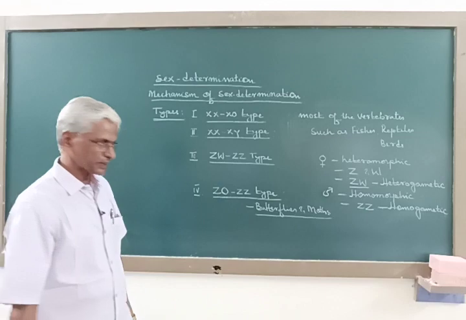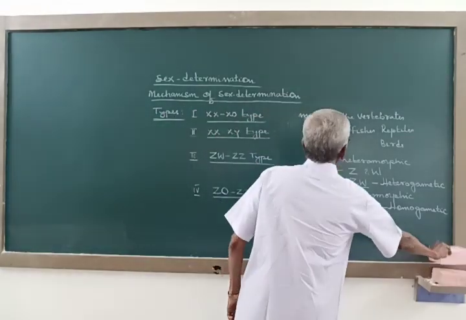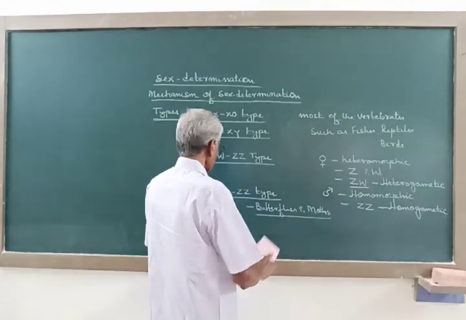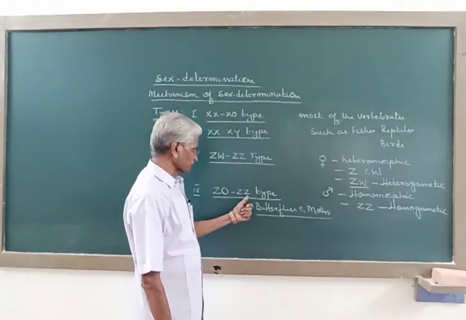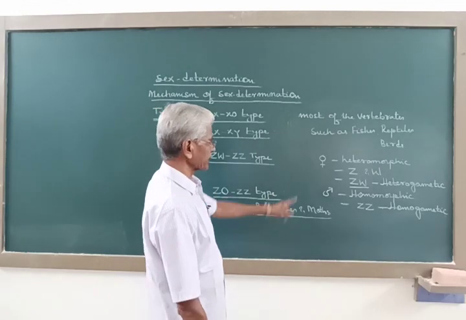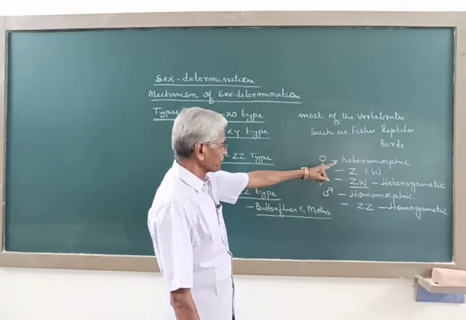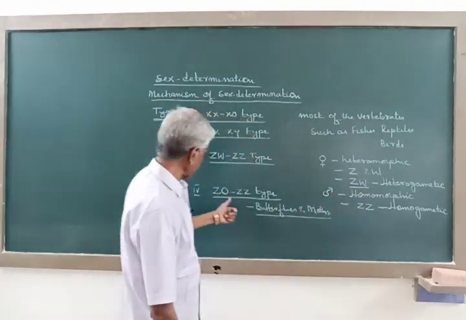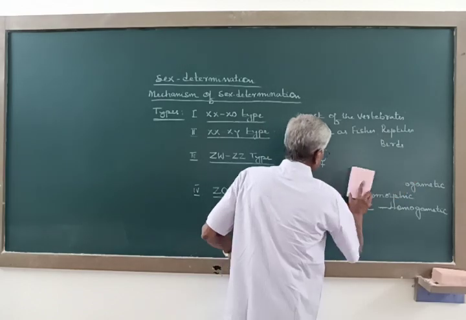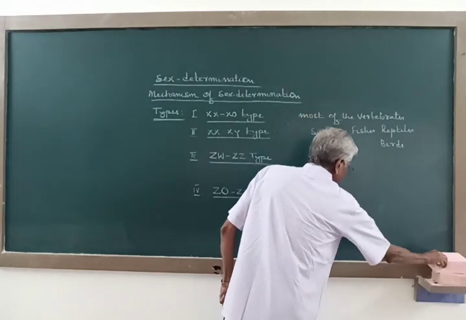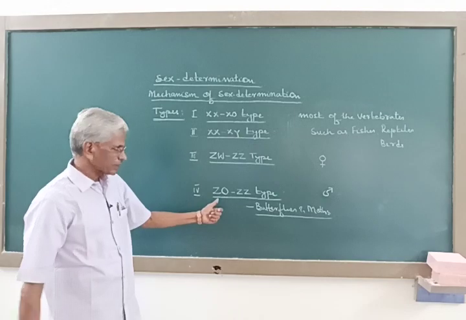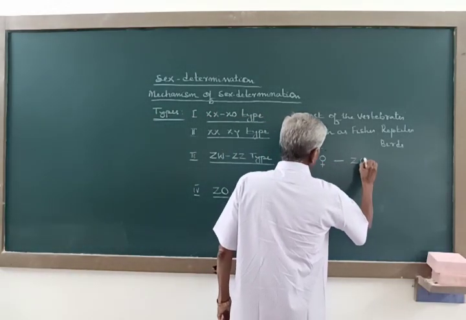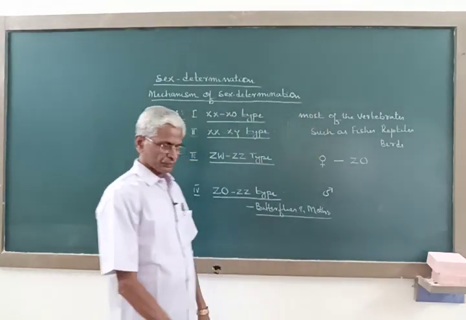Now here also, in this ZO-ZZ type of sex determining mechanism, female is heterogametic. In this mechanism, female is denoted as ZO.